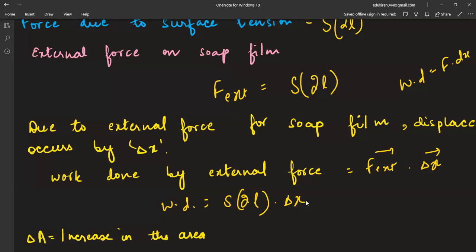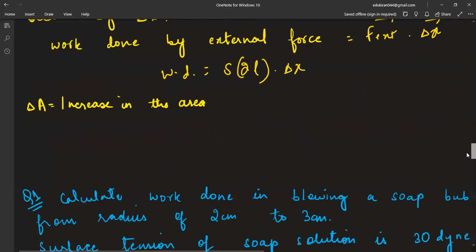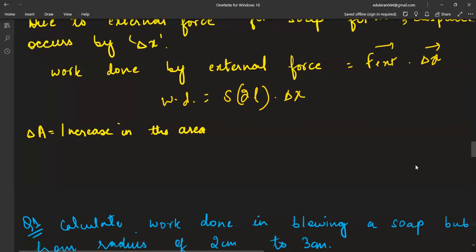All right. Now see, delta A is the increase in area. Area will also be increased because here we have to refer to the entire surface. So if delta A is the increase in surface area, I'm just rearranging: 2 L into delta X, then S. Now length into delta X, length into breadth, is actually the area.